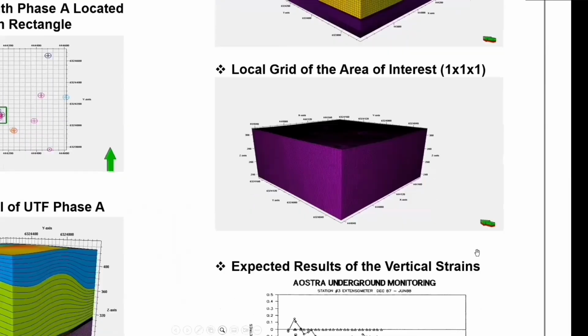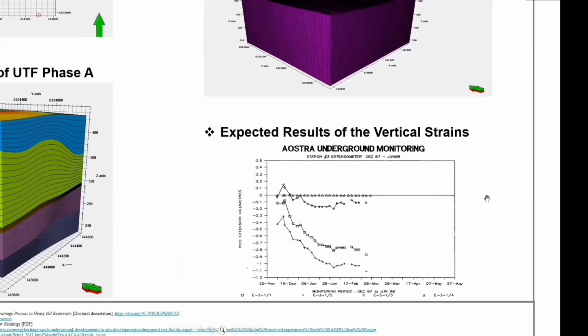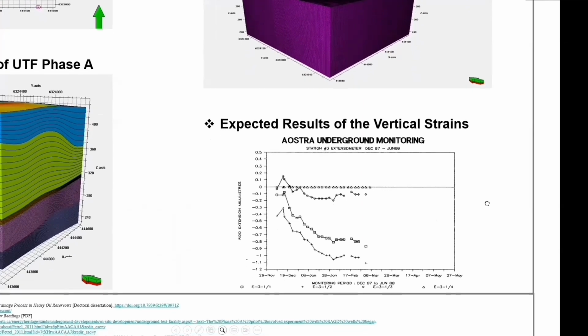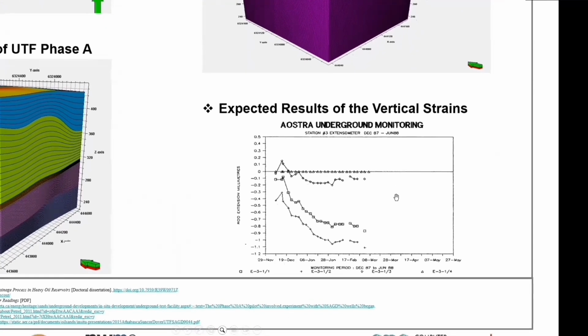So moving to the next and last figure we have here. This figure shows the data of the extensometer of station 3. This station was chosen as it was exactly under the well chamber, and we can see the response of the extensometer from here.